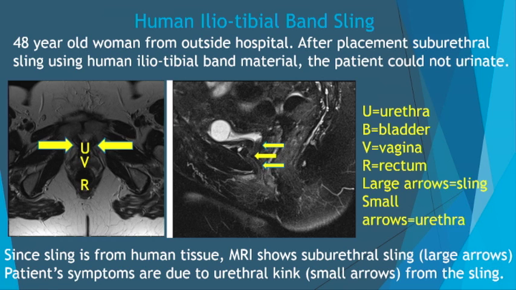This is an MR showing her pelvis, and you notice this low intensity band, that's the iliotibial sling. And then on the parasagittal exam, this is the level of the sling, and notice this is the urethra, and it angulates very sharply where that sling was placed. And so it's very clear that in this particular case, the problem the patient has is due to a sling which was placed too tightly.